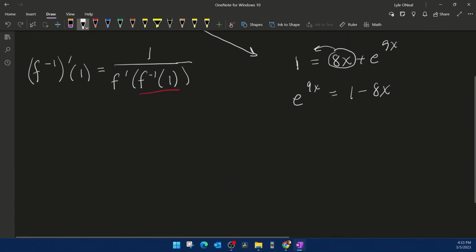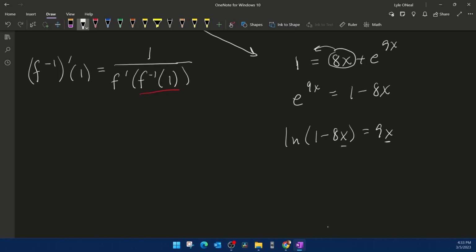And then if we convert to a logarithm, that would be the natural log of 1 minus 8x equals 9x. And then again, notice that this has x on both sides, and the x is within the natural log. This is probably not going to be something that we can solve manually. We're probably going to need to look at solving this electronically.